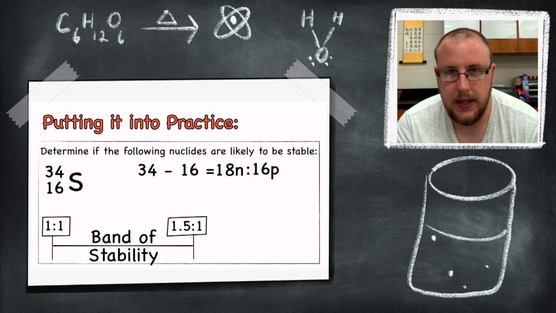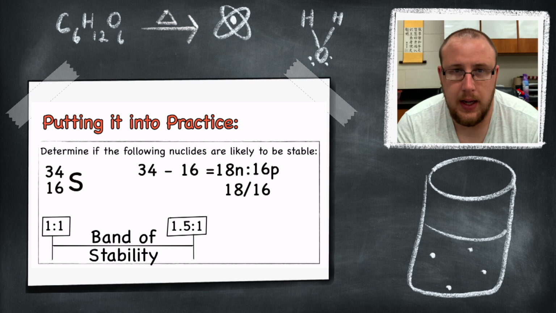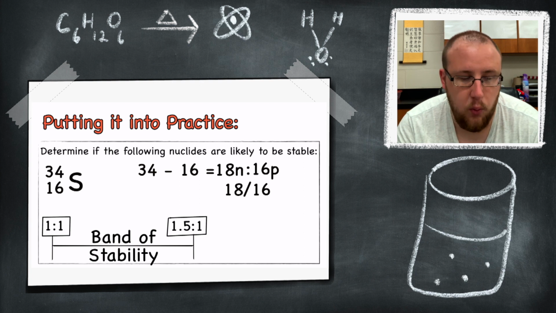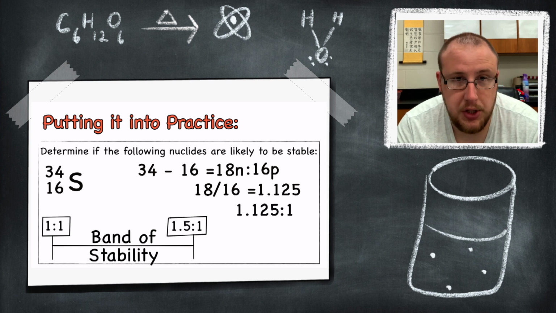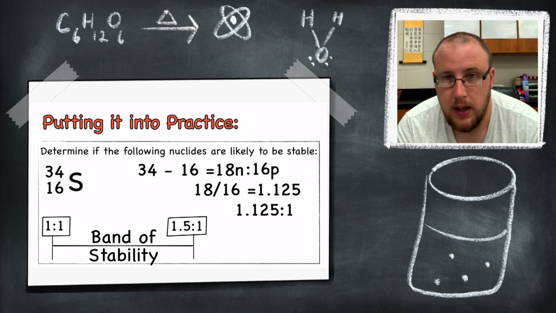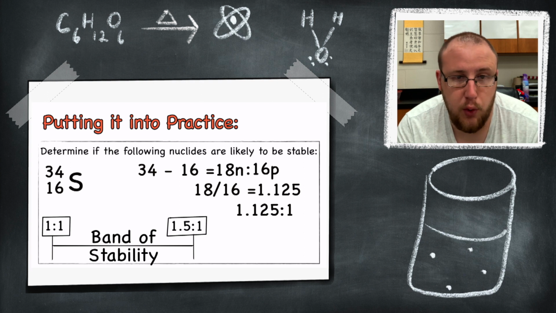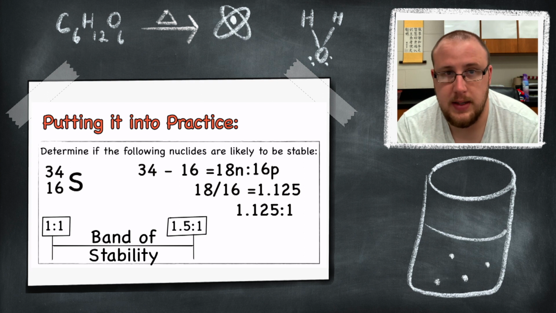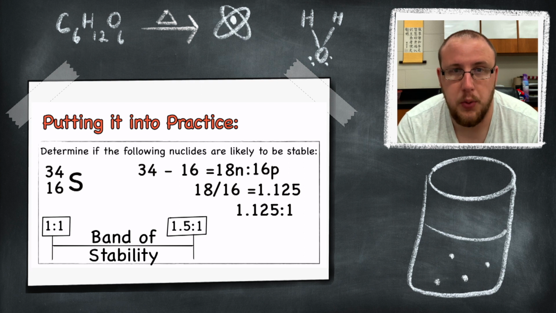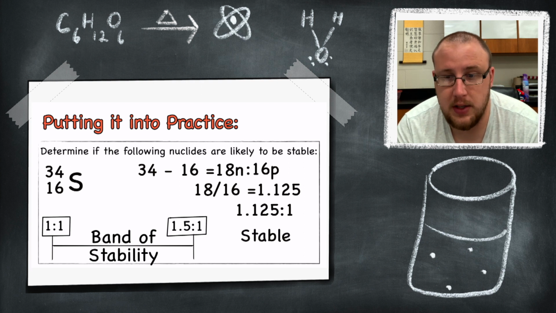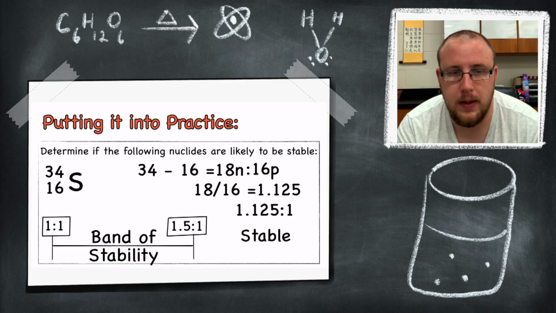If we divide our 18, the number of neutrons, by our number of protons, 16, we get 1.125. That is above a ratio of 1 to 1 and also below a ratio of 1.5 to 1. So that means it's in that band of stability, which means that this sulfur isotope is stable.